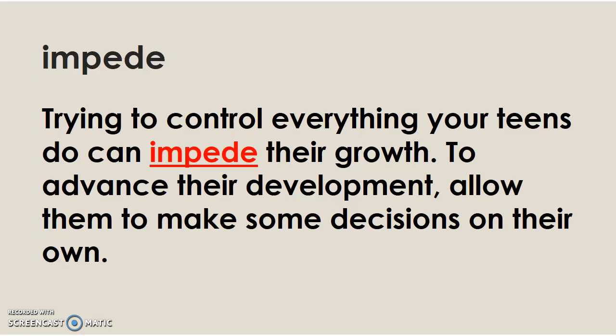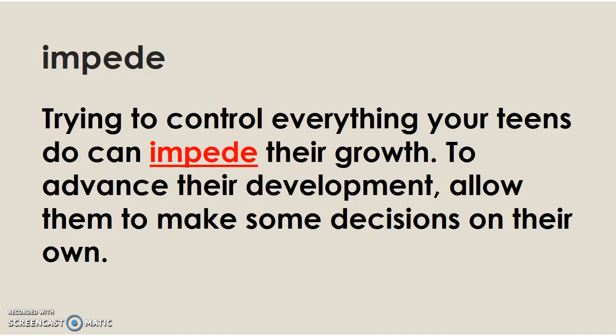All right, so trying to control everything your teens do can impede their growth. So something is happening to their growth. It sounds like it's not a good thing. The second sentence says to advance their development, allow them to make some decisions on their own. So in order for children to develop, it looks like they need to make decisions on their own.